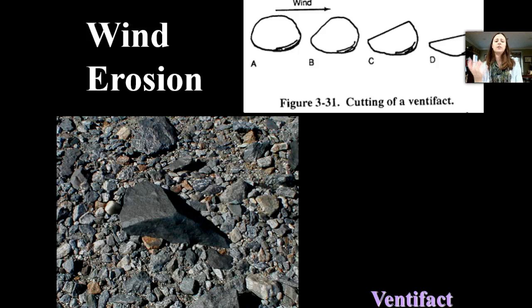It will also create pits or grooves in the surface of that rock. So again, this is a picture of how the wind will leave behind a ventifact, or a piece of rock that has been broken from wind erosion.